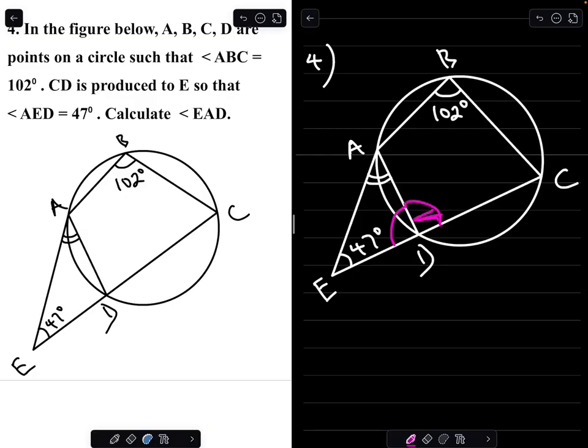If you complete this part, the angle here is going to be 180 degrees. This is the part that you need to add to this to make it 180. So the angle facing this one is the interior opposite angle.